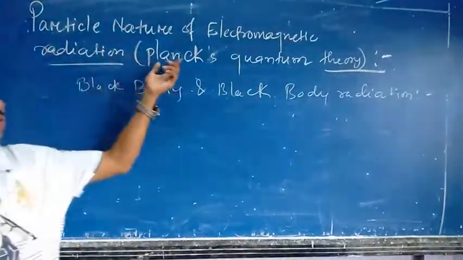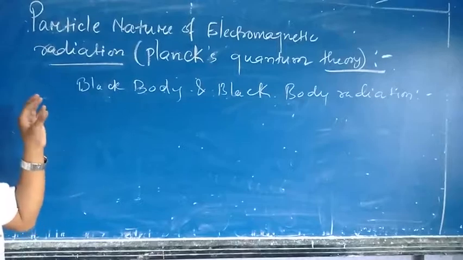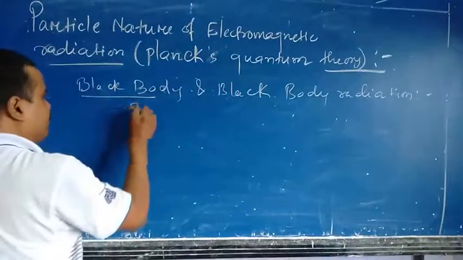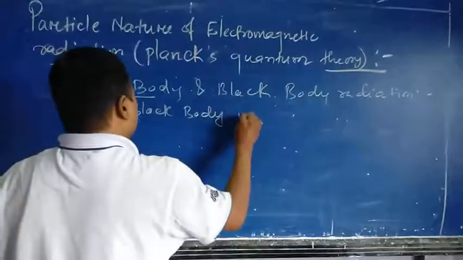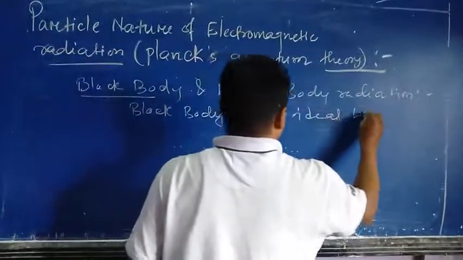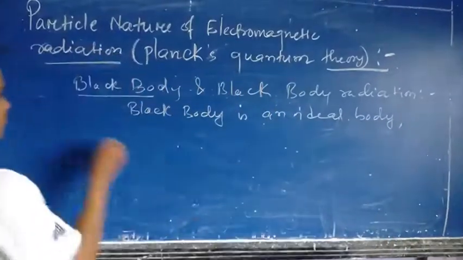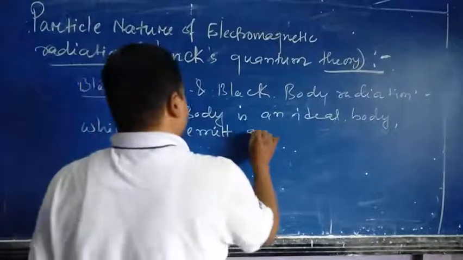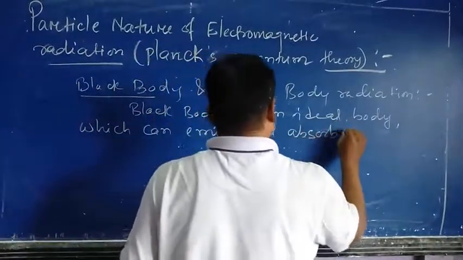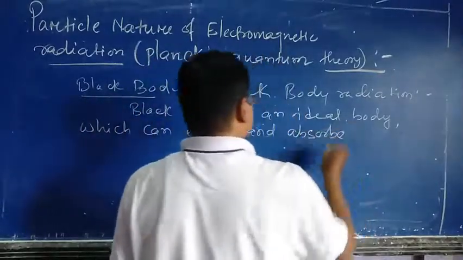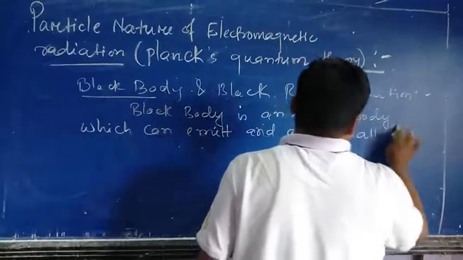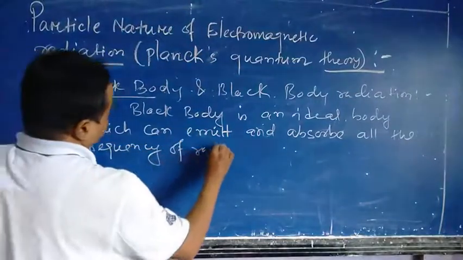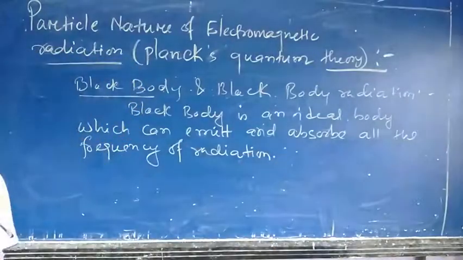A black body is an ideal body which can emit and absorb all the frequencies of radiation.